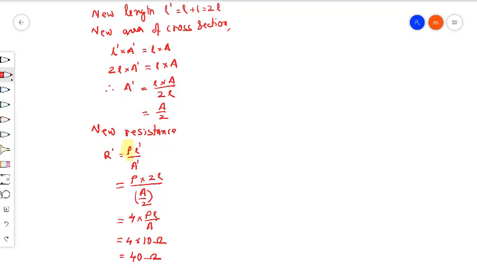So when the length of the wire is stretched to double, its resistance becomes 40 ohms.